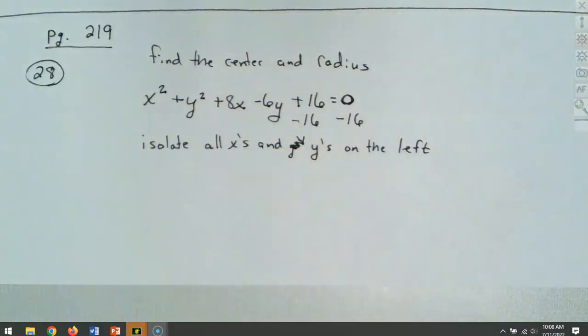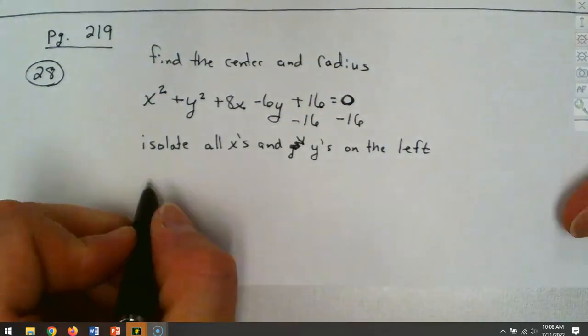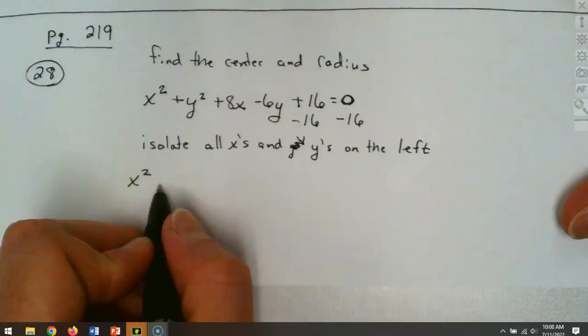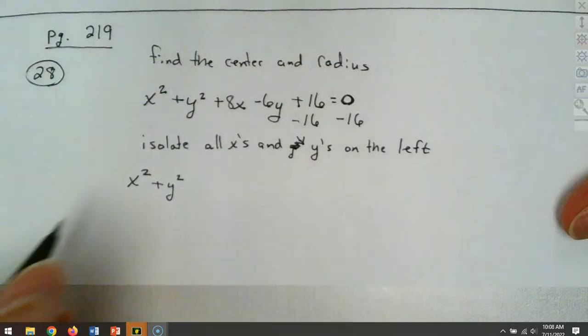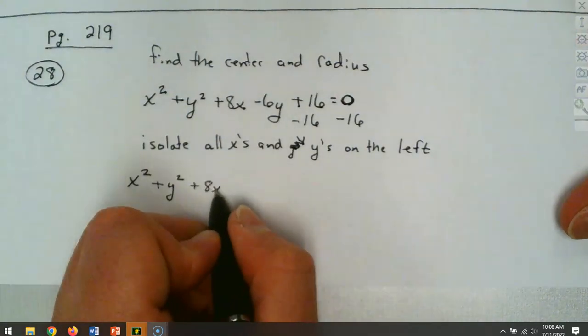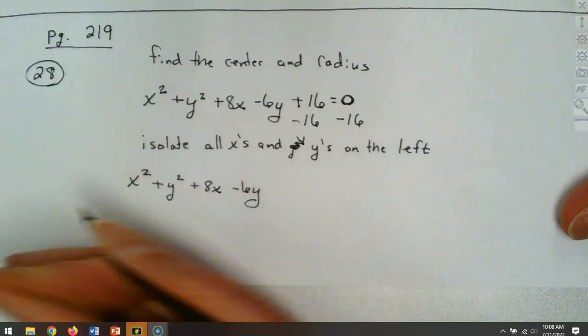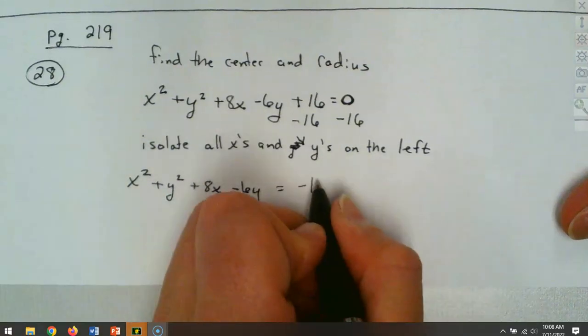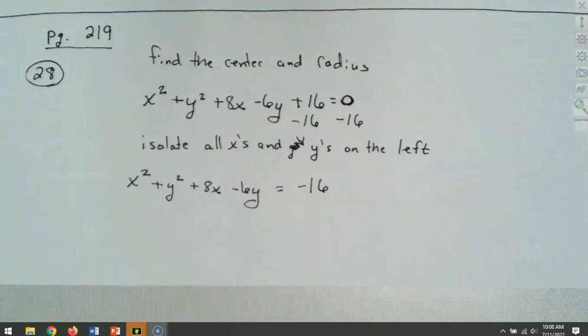So we're going to move that 16 over so that it's on the right. So all the x's and the y's are on the left-hand side, and everything that does not have an x or y is on the right-hand side.